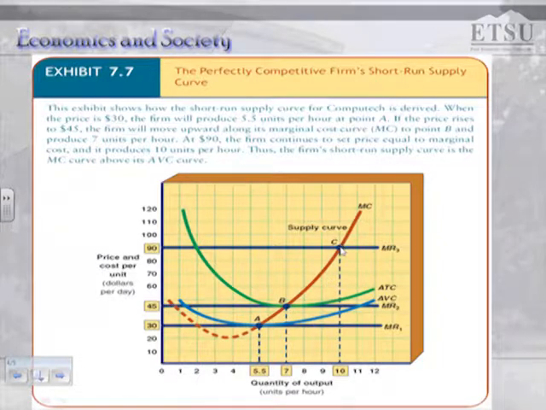A point like point C, at a price that exceeds $45, we can look at this one, the price of $90. That means the firm's marginal revenue is $90, so their revenue increases by 90 every time they increase their output.